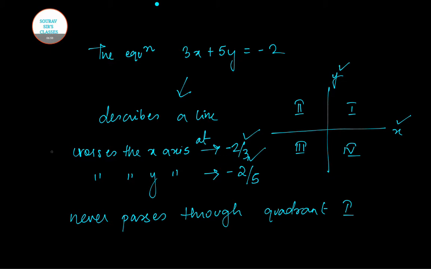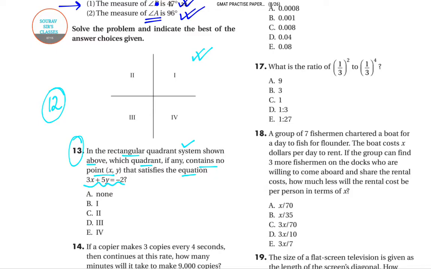If you want to verify it further, you can plug in points for each axis. This will be your homework. Going back to the question, option B, which denotes the first quadrant, will be the correct answer.